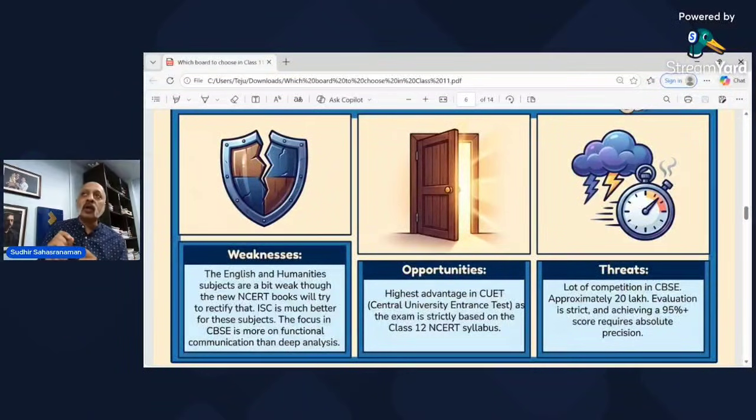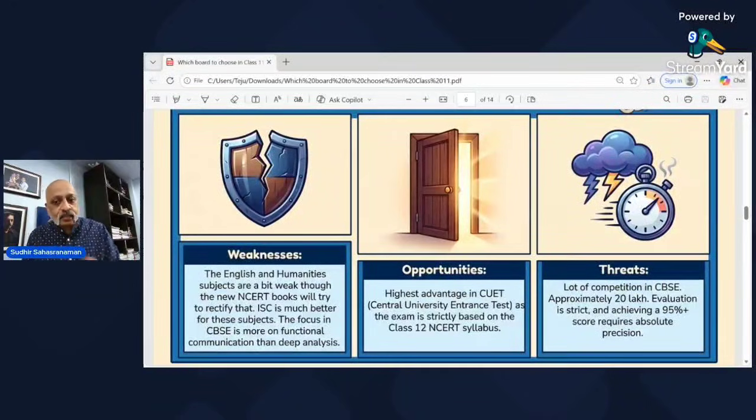So if you are looking for a job which will entail a lot of interviews for admission, etc., later on in your career, then as a CBSE student, you may not be very good in communication or articulation. I'm not generalizing. But by and large, an ISC student is better equipped to tackle that kind of situation. That's the only difference. Again, it will depend from student to student, but I'm talking in very, very general terms.